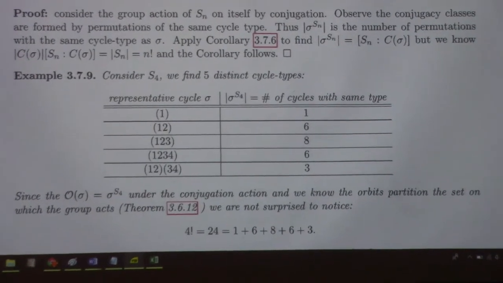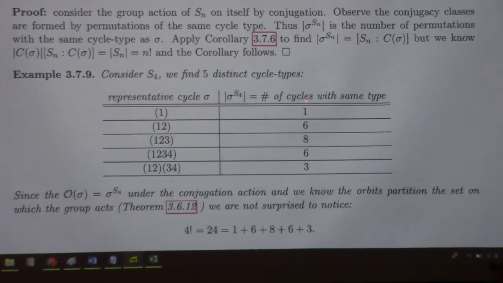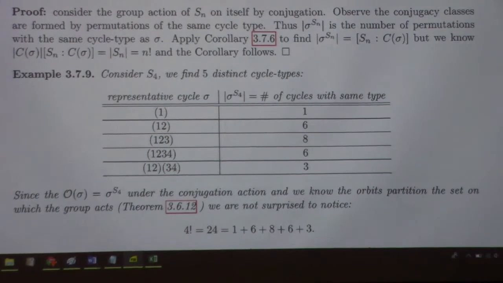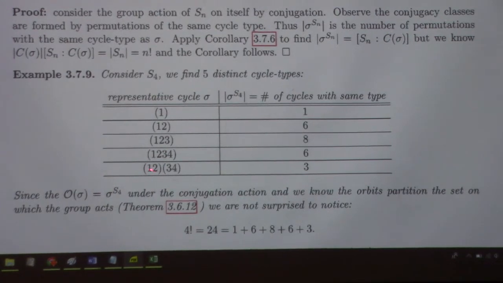So for S4, you have one identity. You've got 6 2-cycles, because you've got (1 2), (1 3), (1 4), (2 3), (2 4), and then (3 4). Those are the 6. And then for 3-cycles, you have 8 distinct 3-cycles you can count. You have 6 distinct 4-cycles, and you have 3 distinct products of 2-cycles.